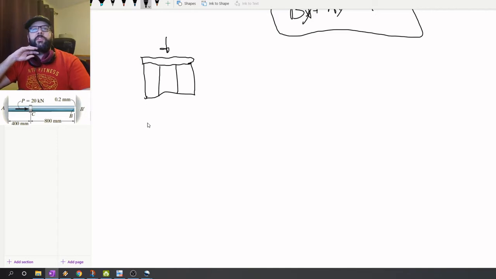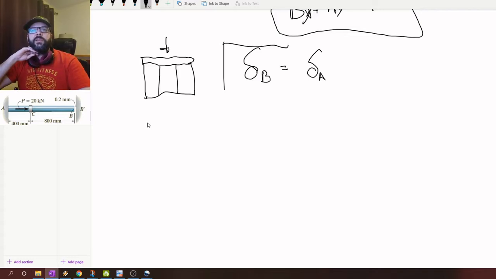So their displacement needs to be the same. So displacement in the brass is equal to displacement in the aluminum. So that we can work with, right?